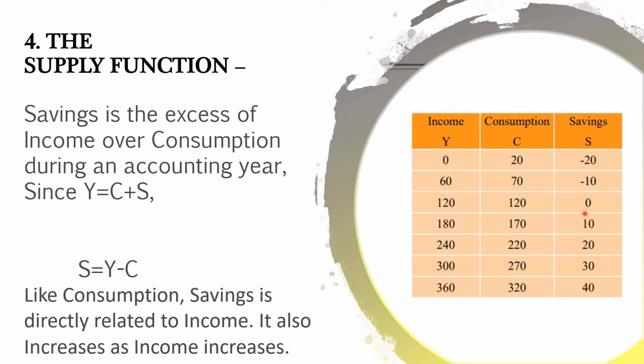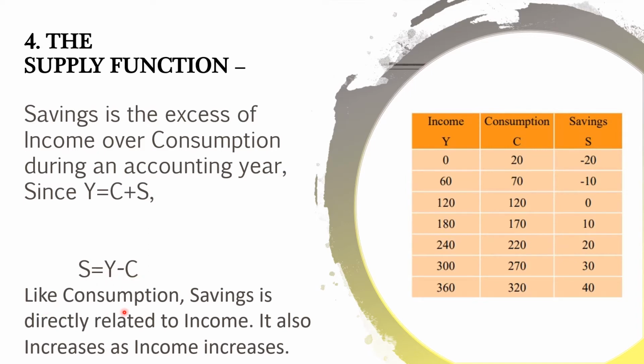So what is savings therefore? It is the excess of income over consumption, that is Y minus C. Since income is equal to consumption plus savings, if we want to express the value of savings, we only have to take consumption to the other side, and so we get savings equals income minus consumption.